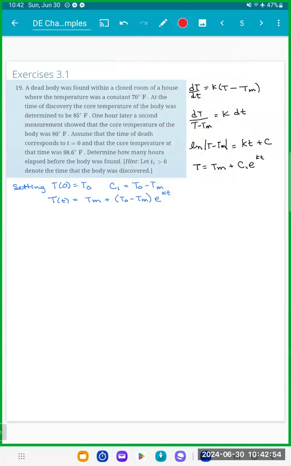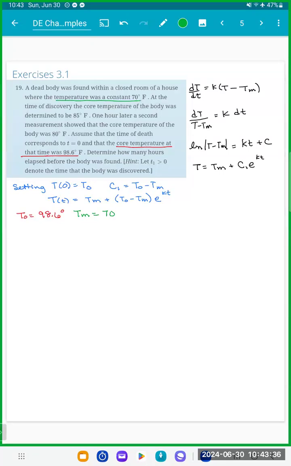We are given that our initial temperature, our T naught, which is our core temperature at the time of death, is 98.6 degrees. Our Tm is the temperature here of 70 degrees Fahrenheit. We have that constant of 70 degrees in that room.